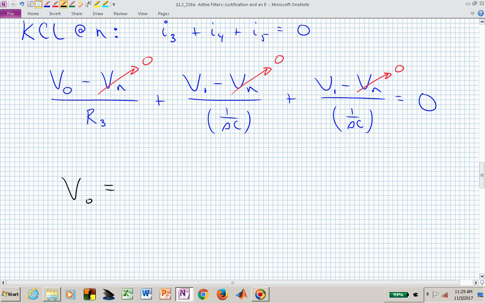We have SC going up in the numerator of the middle term and the third term, and we've multiplied everything by R sub 3, and moving the second and third terms to the right introduces a minus sign, so we now have minus R sub 3 times 2 SC V sub 1. Or this is now minus 2 R sub 3 C times S.